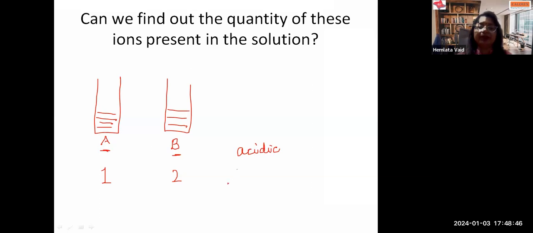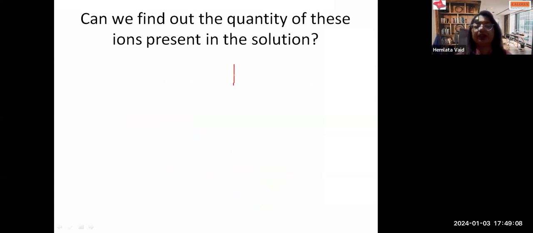But one of them is a strong acid and the other one is a weak acid. There are no labels on the test tubes. You don't know. They look the same. Both are colorless liquids. So how do we get to know which one is a strong acid and which is a weak acid?